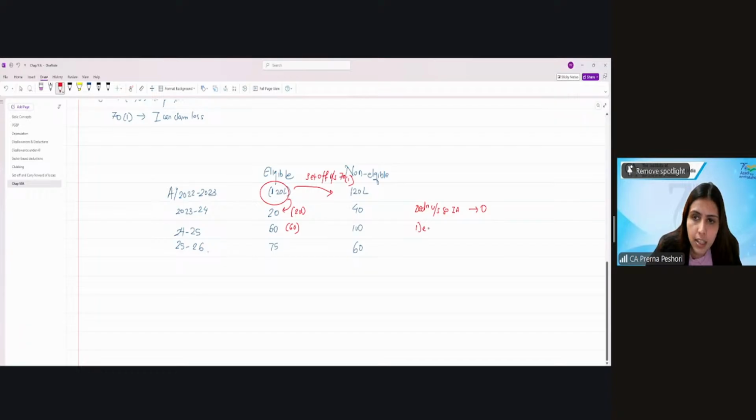Deduction is 0. Balance is my 40 lakh, which is still remaining, which I will offset against this. Are we getting this point, students? So yes, Samnathan, already set off is done against the non-eligible. Now the carry forward is 0.